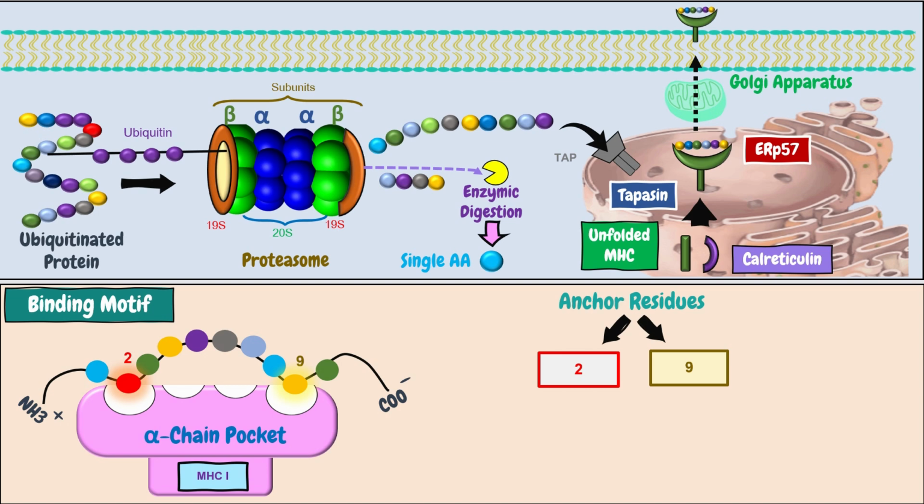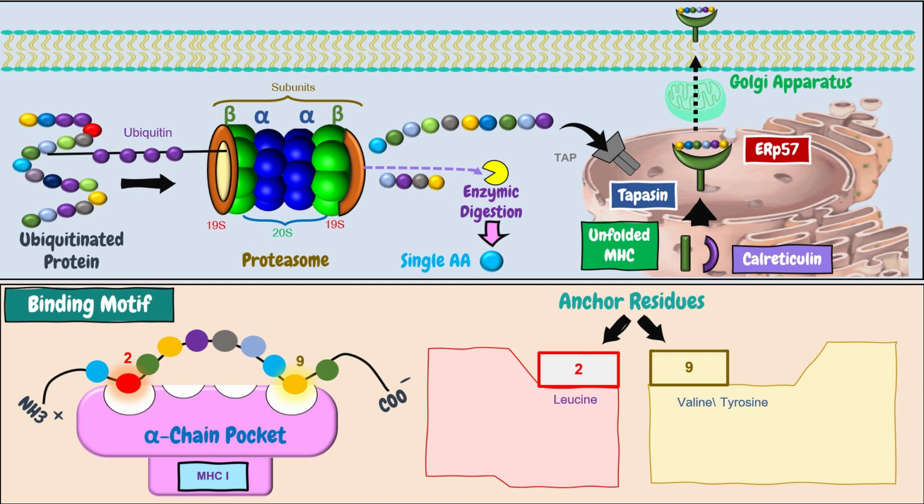Anchor residues of peptides that bind with high affinity to 3 frequent HLA alleles are as follows. Leucine at position 2 and valine or tyrosine at position 9 are anchor residues of peptides which bind with high affinity to HLA A0201.